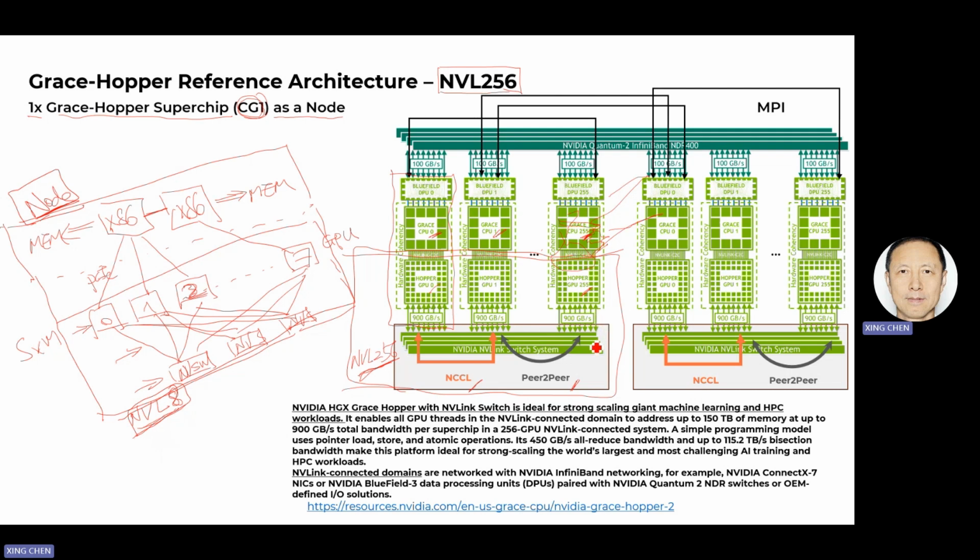So since Grace Hopper, things have changed: NVL domains could be connected to more than one node. That means NVL domains right now could be crossing nodes. This is a very important evolution since the Grace Hopper superchip.